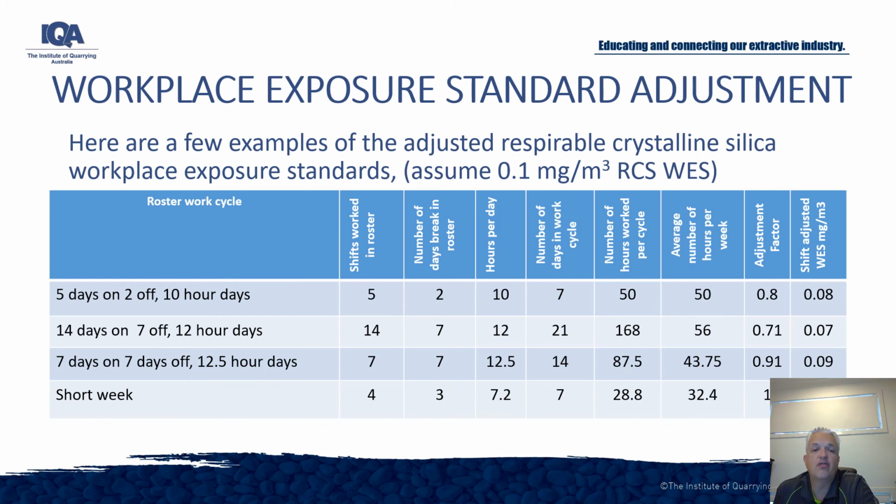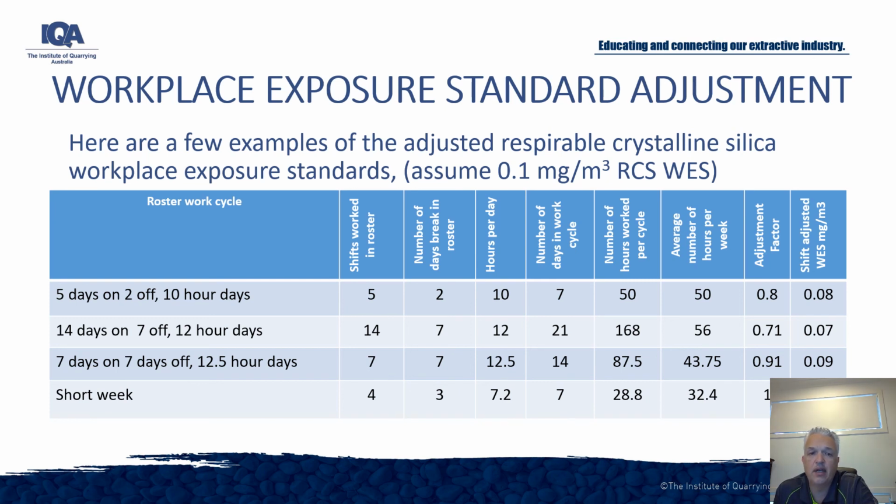If you've got an even time roster, say 7 on, 7 off, but you're working a 12.5-hour day, your adjustment factor is now 0.91, or your new exposure limit is 0.09. It actually goes up because you've got a longer recovery time between your exposures, and you're doing basically fewer days on than you would be on a 14/7.